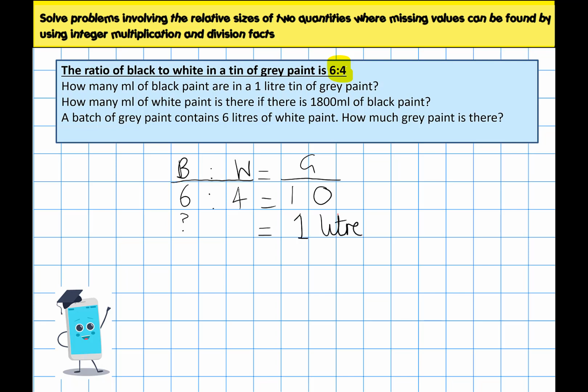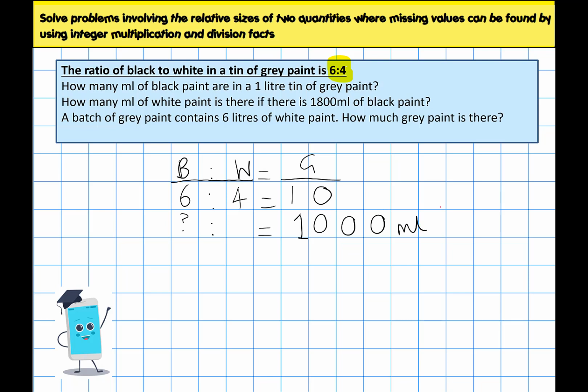This is what I want to know: how much black in a 1 litre tin of grey paint? Now my question asks me for millilitres, so I can't answer in millilitres if this is in litres. So I'm going to need to convert this to millilitres. Now in 1 litre, there are 1,000 millilitres.